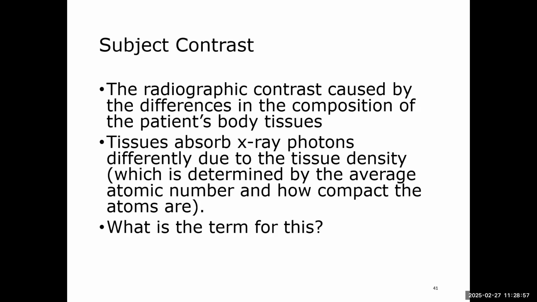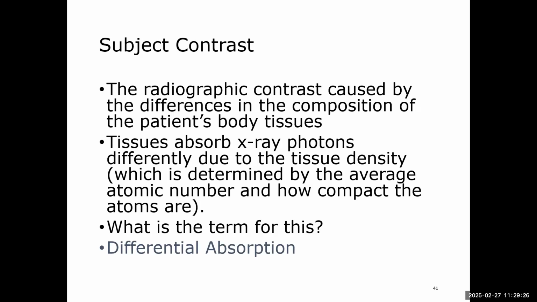Okay, so subject contrast is radiographic contrast caused by the differences in the composition of the patient's body tissues. Tissues absorb X-ray photons differently due to the tissue density, which is determined by the average atomic number and how compact the atoms are. What's the term for this? When tissues absorb radiation differently. Differential absorption, right? It's in the name.